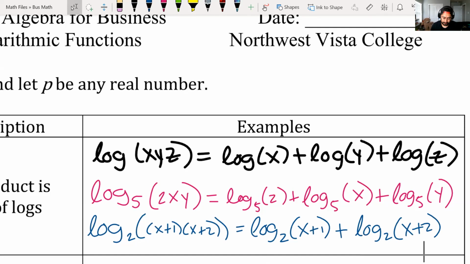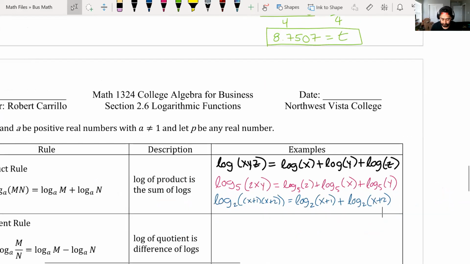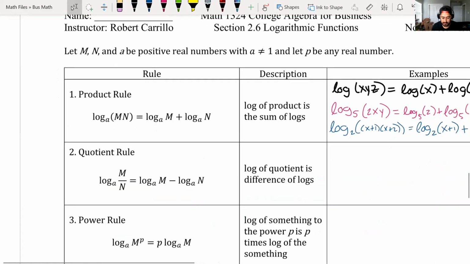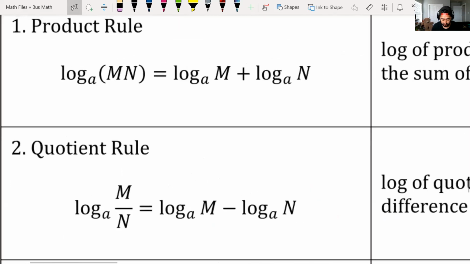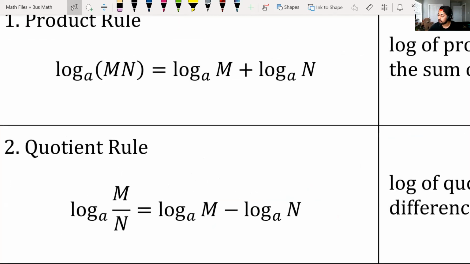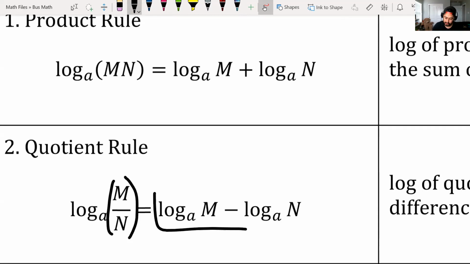Okay. Next is quotient rule. Okay. Quotient rule says if you have log base a of m over n, the quotient inside a log can be expanded to the subtraction of logs.